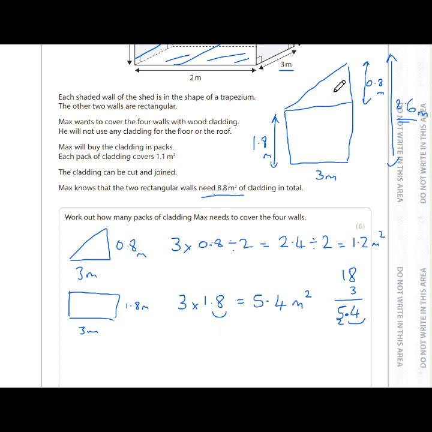Okay, so the area of the whole of one of these sides is going to be those two shapes added together. So that is a 1.2 plus a 5.4 gives us a 6.6. And we're going to have another one of those. So you could either times 6.6 by 2, or you could just add another 6.6.